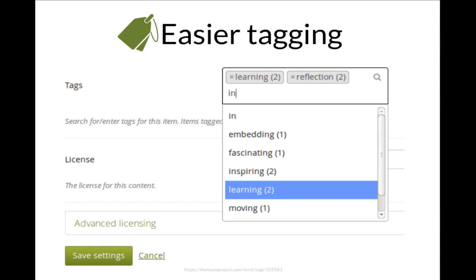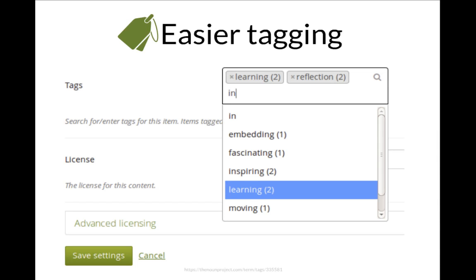Another nice improvement that we've made, I find, is the easier tagging functionality. In the past, if you had a lot of tags, you saw this long list of tags and had to go through them. But now we are using the Select2 functionality like we have elsewhere in Mahara already.